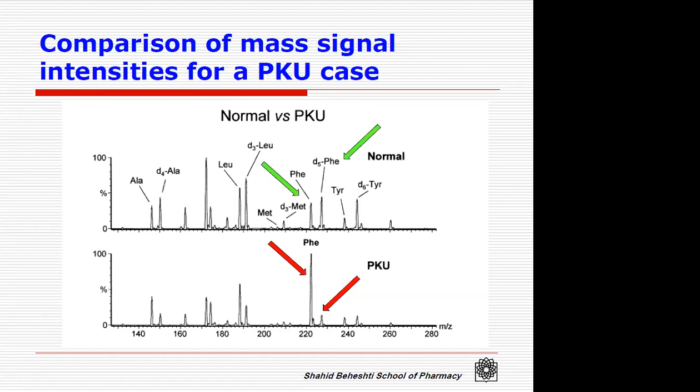And as you see here, the natural phenylalanine is way larger than the labeled phenylalanine. And since the labeled phenylalanine has been added at the pathological concentration, having the largest signal for natural phenylalanine shows you a pathological case. And this is a PKU case. Next slide, please.